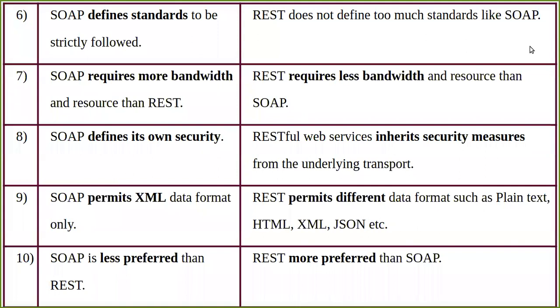Then SOAP supports the XML data format only, but REST can use different types of data formats like plain text, HTML, XML, JSON, etc. SOAP is less preferred than REST because of so many things, and REST is more preferred than SOAP.